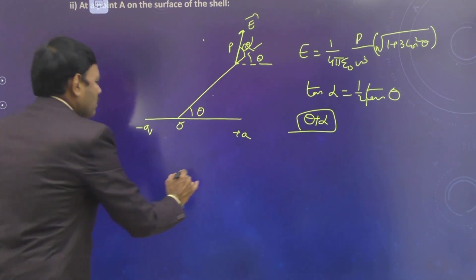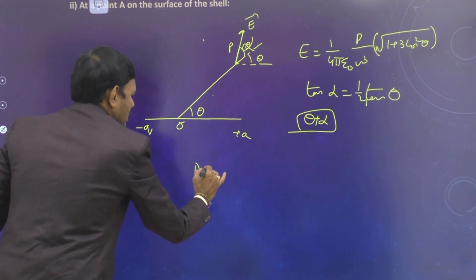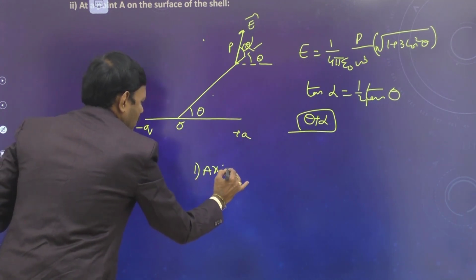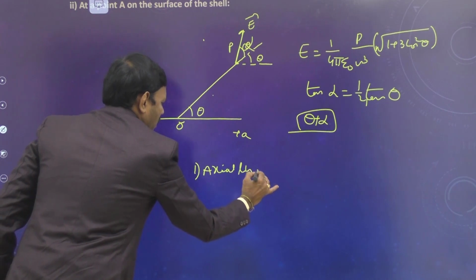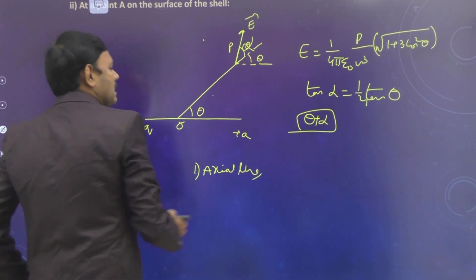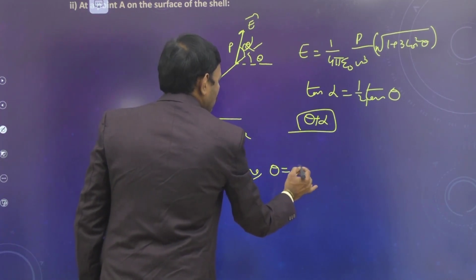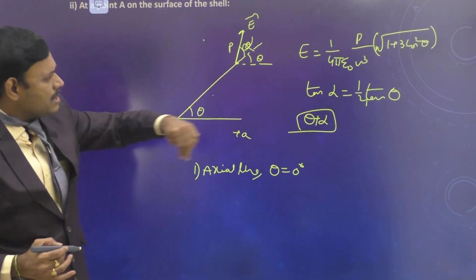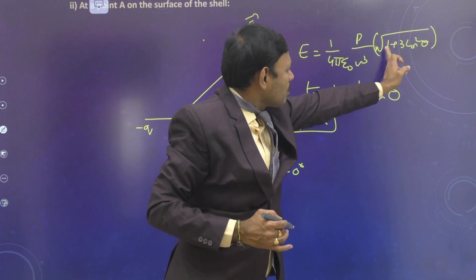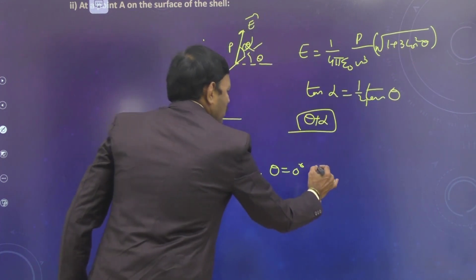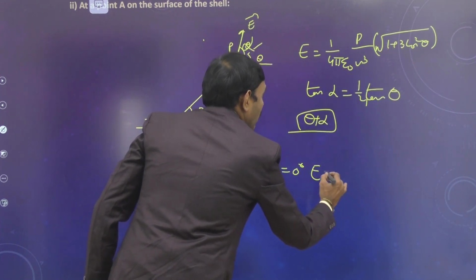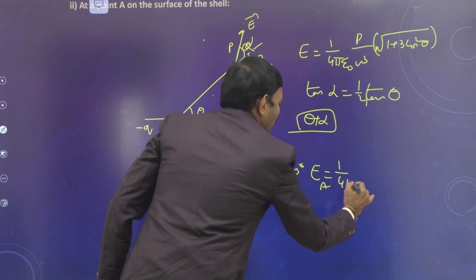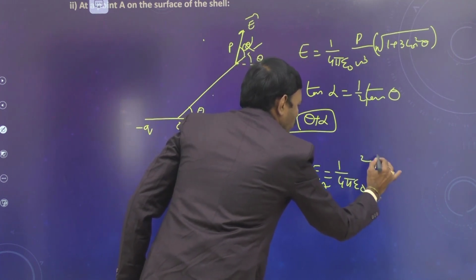On the axial line, when you consider the subcases, if you consider theta equal to 0 degrees, P on the axial line, theta reduces to 0. Cos 0 is 1, root of 4 is 2. Hence on the axial line the formula becomes 1 by 4 pi epsilon naught 2p by r cube.